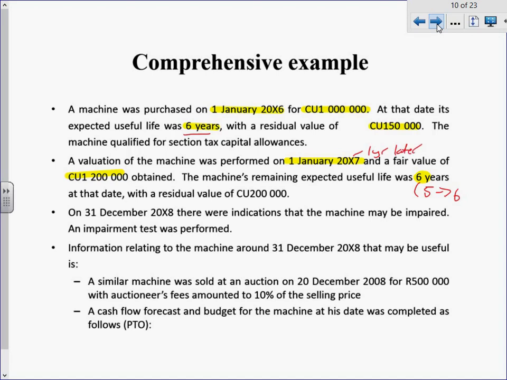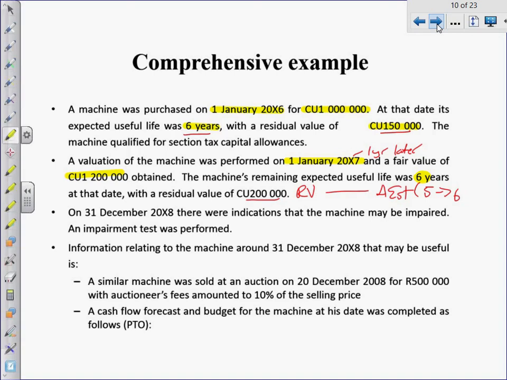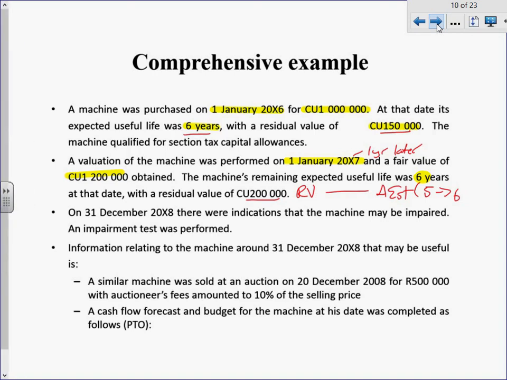At that date. So, we've got a change in estimates. IAS 8 is going to be applicable. And the residual value also changes. The residual value now is 200,000, also a change in estimate from previously being 150. So it's going to affect things like our depreciation calcs, etc.